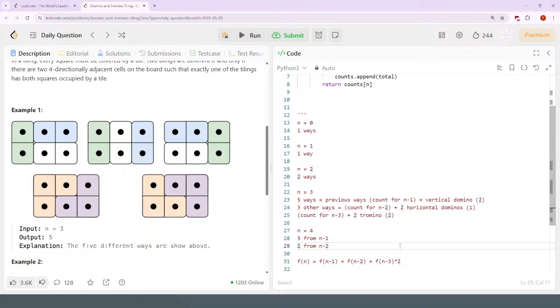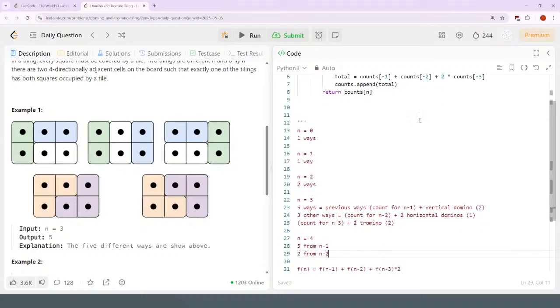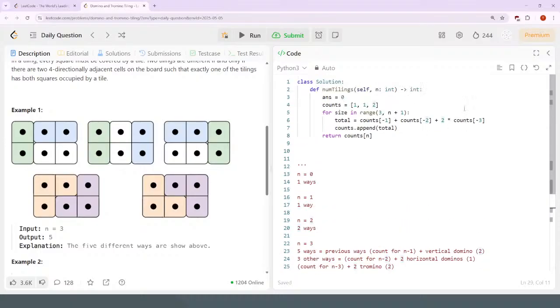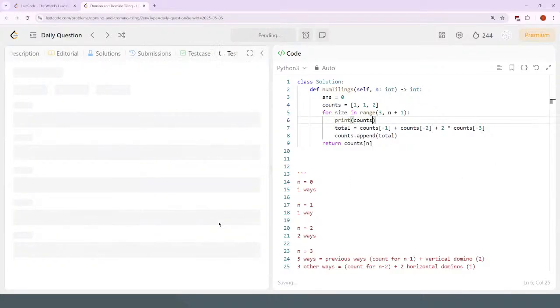What did I do wrong there? N minus 1, n minus 2, 2 times n minus 3. Okay, let me go ahead and print my counts at this point. What's going on?